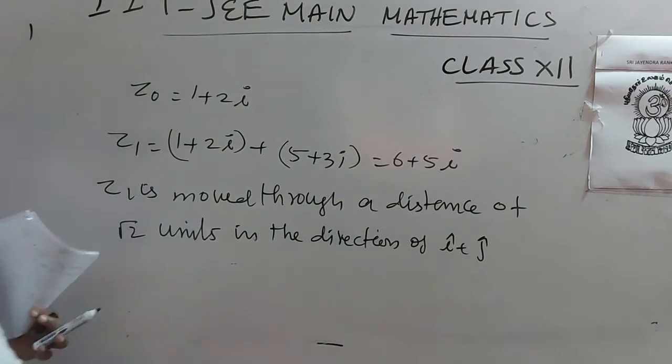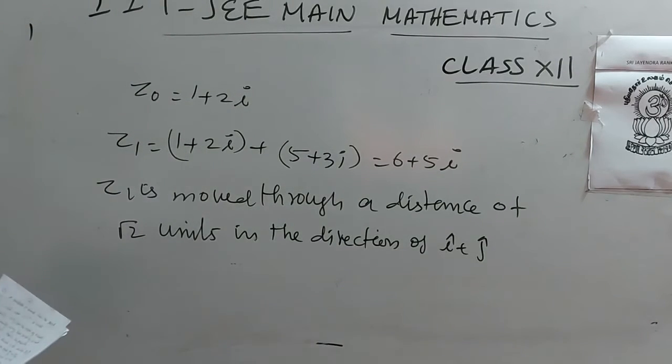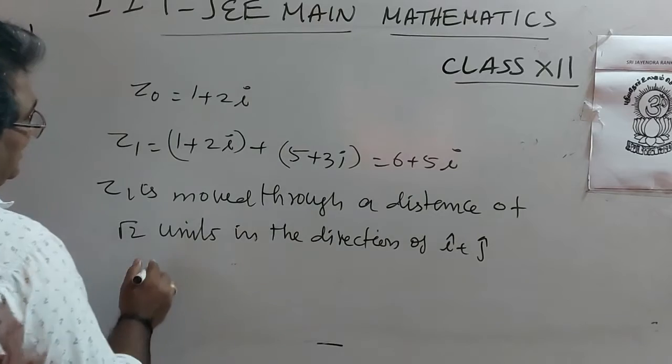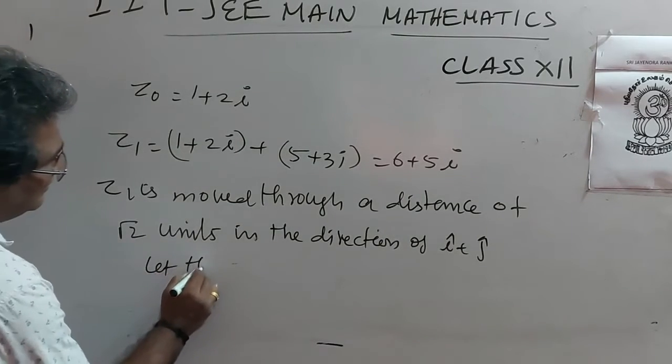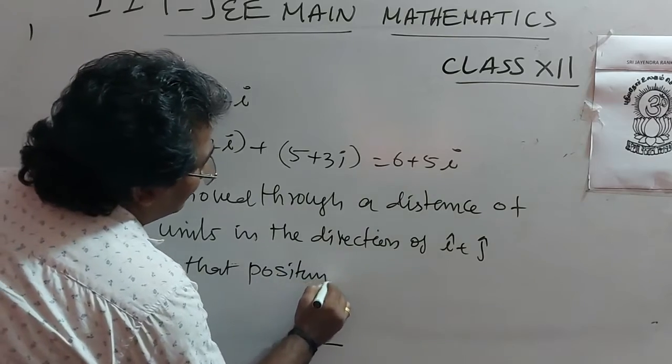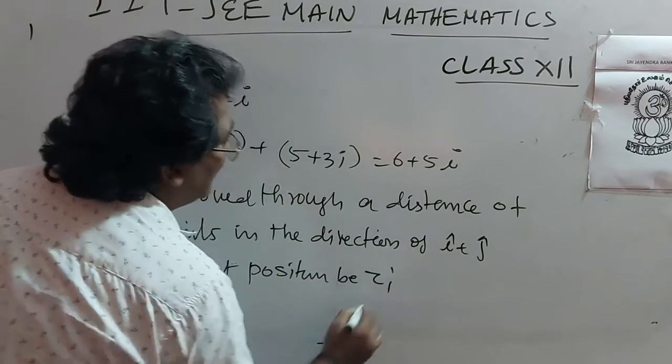In the direction of i plus j, it will reach a position, let that position be Z1 dash.